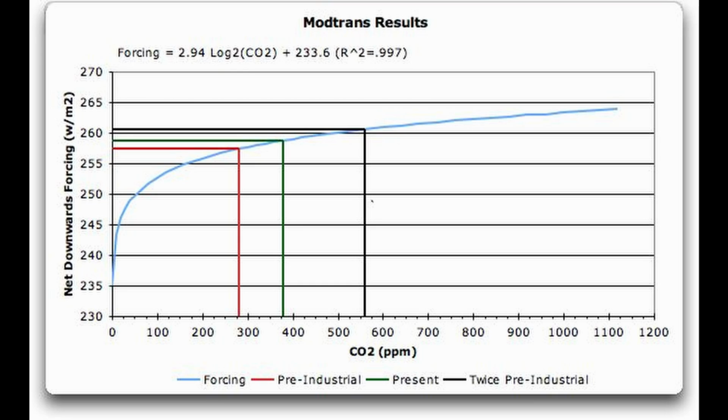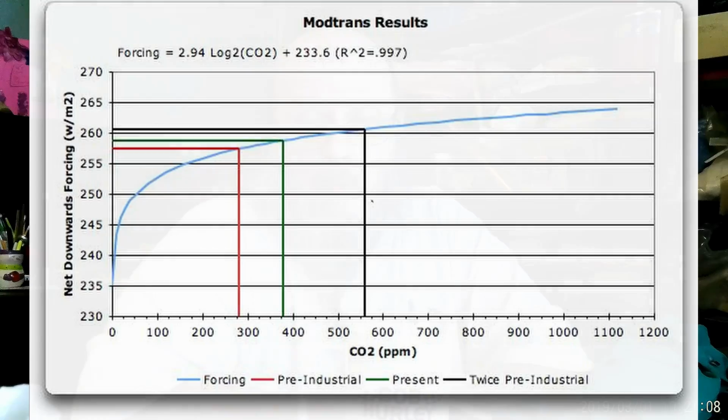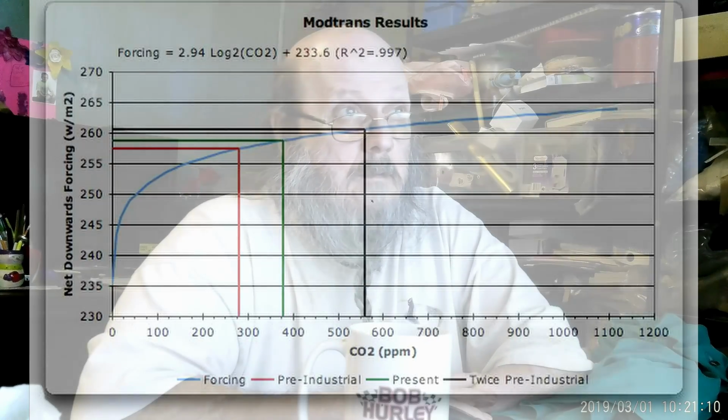At 400, it's a small increase. At 550 parts per million, we're still getting a very minimal increase in warming from CO2. And this will continue to flatten out with more and more CO2 you put in the atmosphere.